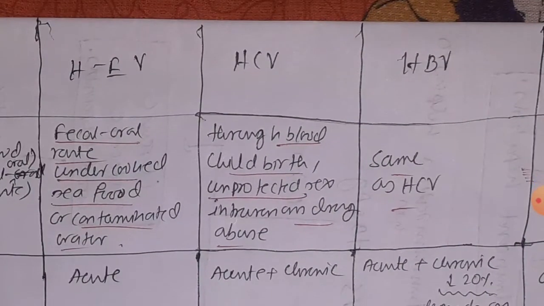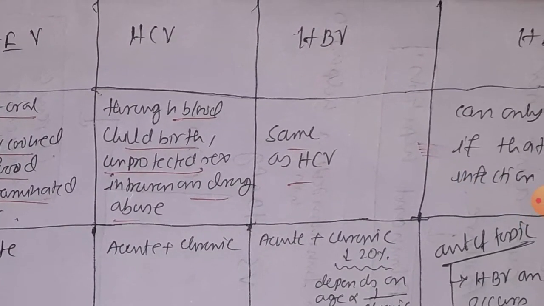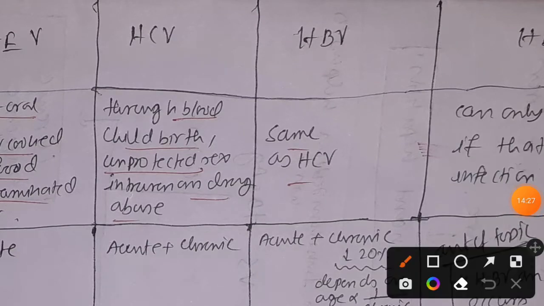Now let's move to HCV and HBV, and you may find some similarities between them. Just like HCV is transmitted through blood, HBV is also. Transmitted through blood means during childbirth, during unprotected sex, or during intravenous drug abuse.